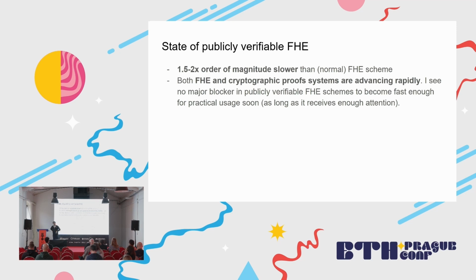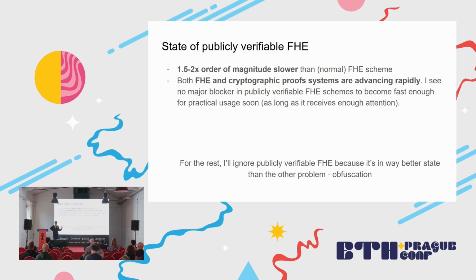You would obviously have some cost over normal FHE, but I think it would be somewhat minute. I don't think it is a big problem. So I'm not going to talk about this further, because the other problem that I mentioned, obfuscation, is in a much more depressing state.